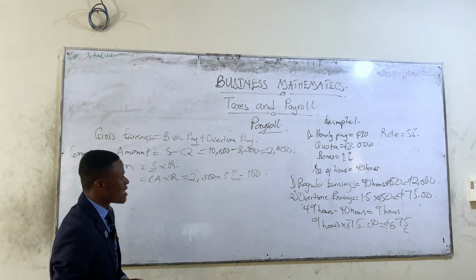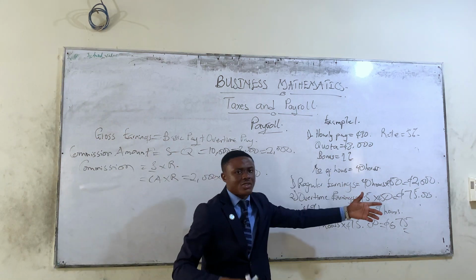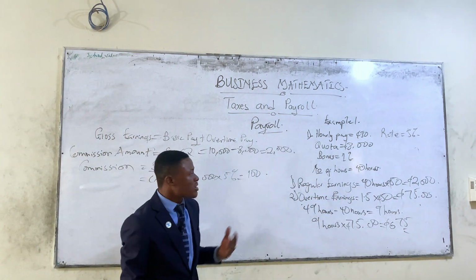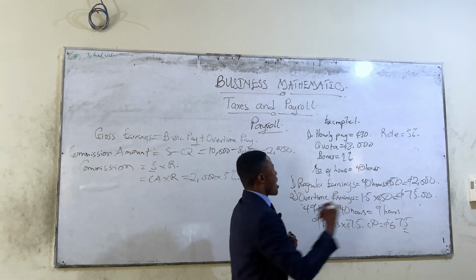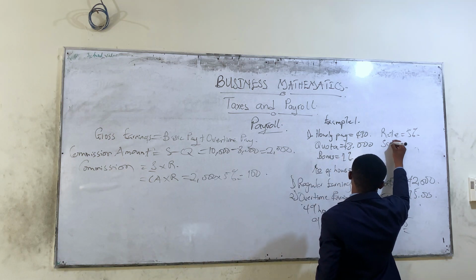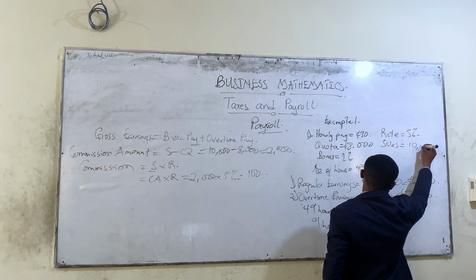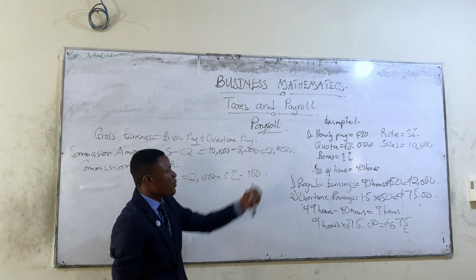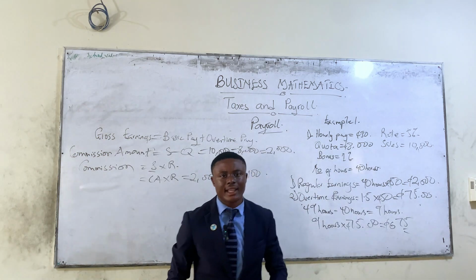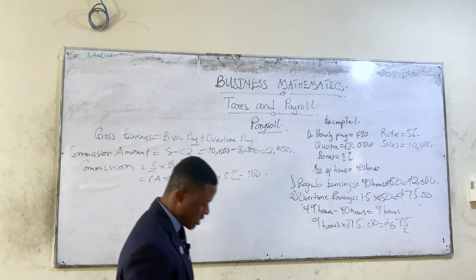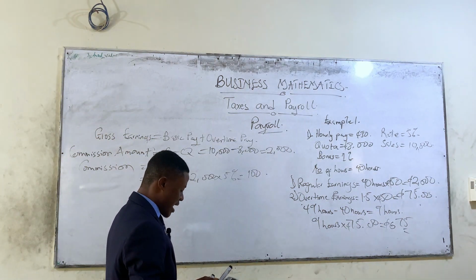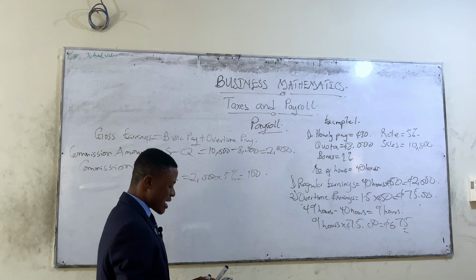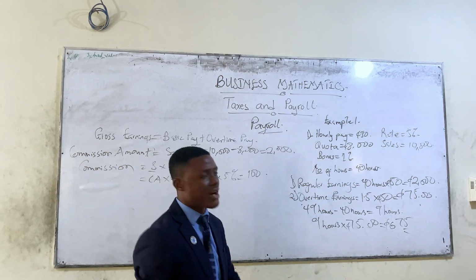And the question says that he will also earn a bonus on all sales. What was our total sales? Our total sales was 10,000. So if you multiply 1% by 10,000, what are we getting? You are getting 100.